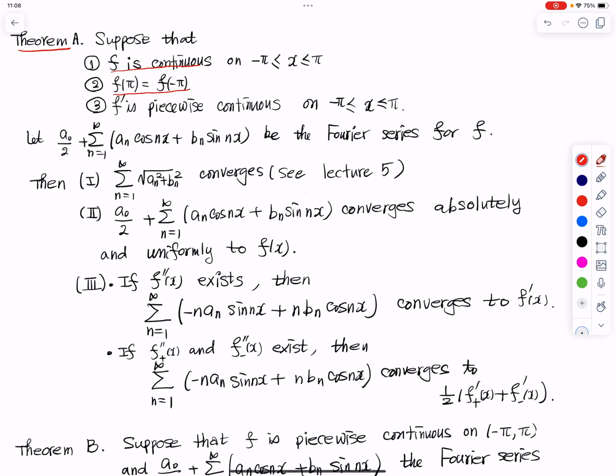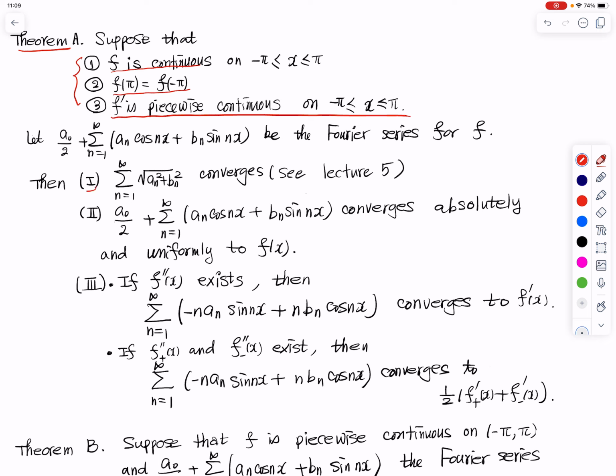So we can extend this function to be periodic on the whole space, right? And then another assumption is that f prime is piecewise continuous. If f satisfies these three conditions, then we have the following properties.